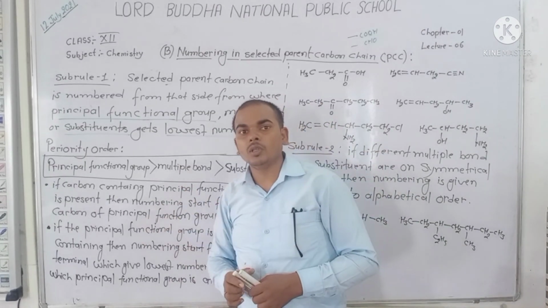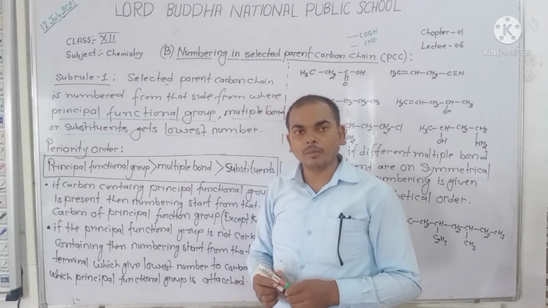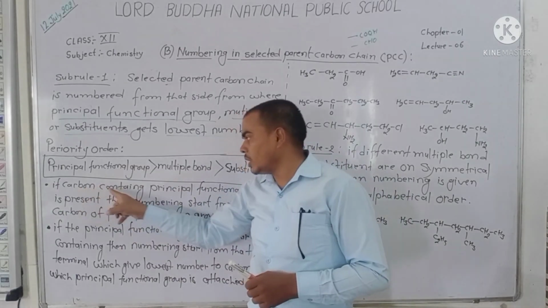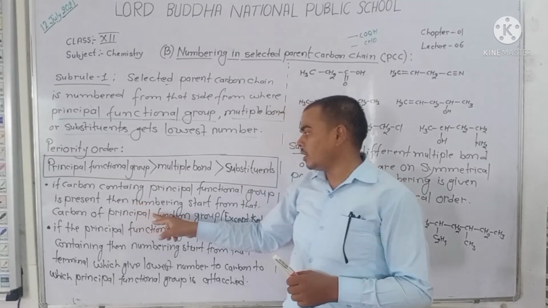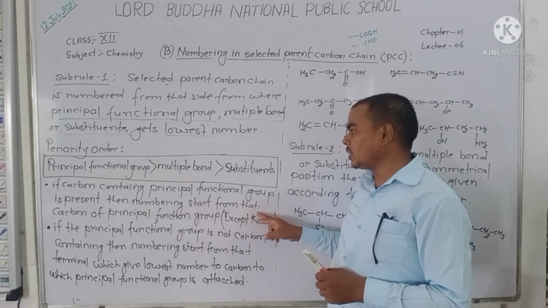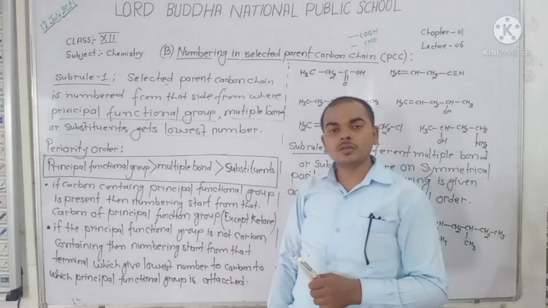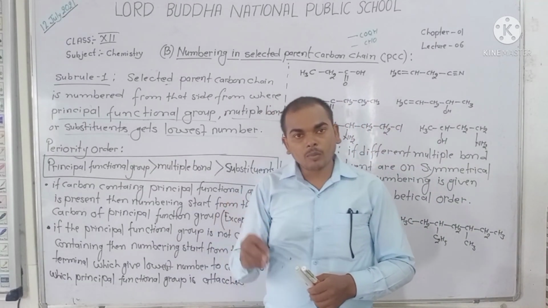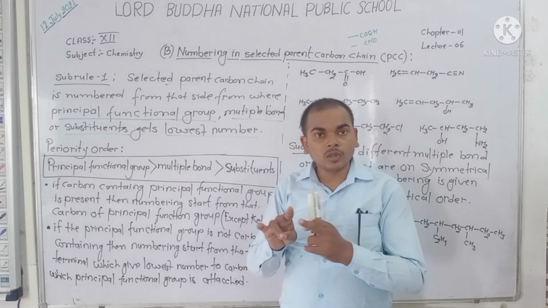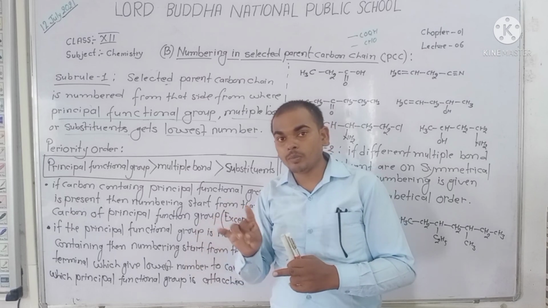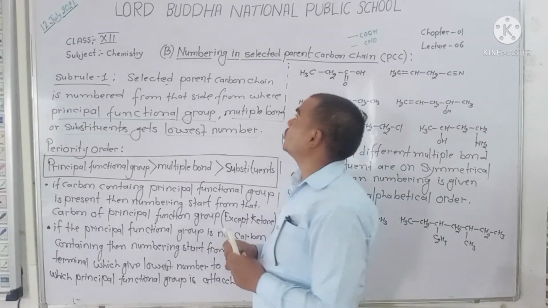This rule is for the functional group which contains carbon. If a carbon-containing principal function group is present, then numbering starts from the carbon of the principal function group.